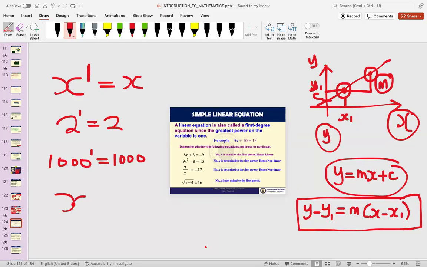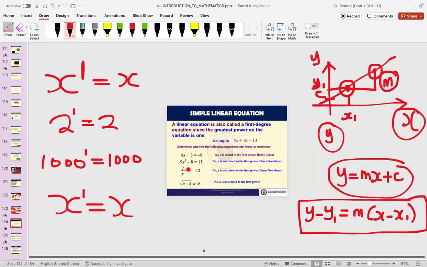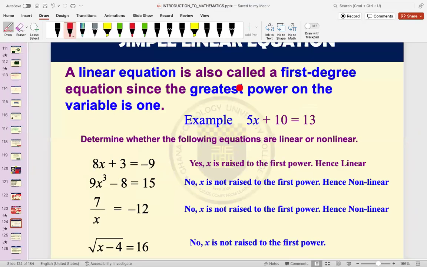Therefore, x raised to the power 1 is the same as x. So for simple linear equation, we say that the greatest power on the variable is 1.